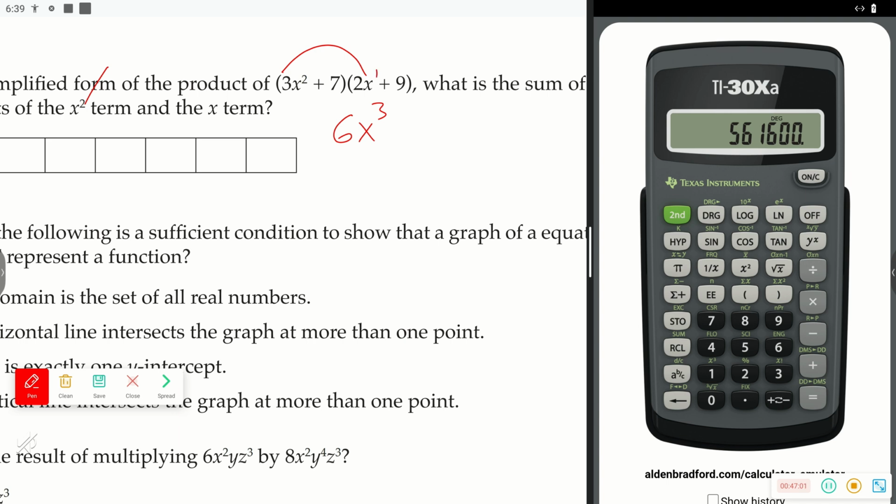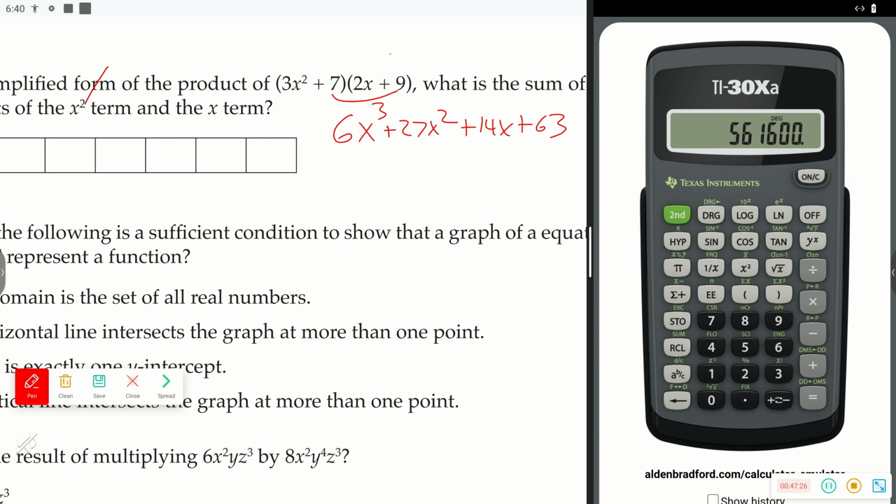You're going to add the exponent, so it's 2 plus 1, which is 3. Now we have to do, that's the first terms, the outer terms. 3 times 9 is going to be plus 27x squared. That's the first two terms. Now we're going to do 7 times 2x, which is going to be plus 14x. And then we're going to do 7 times 9, which is plus 63.